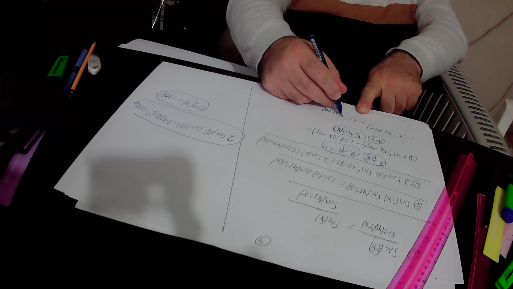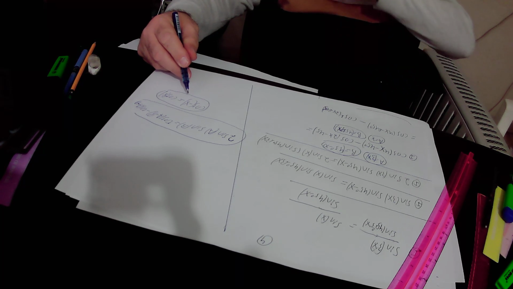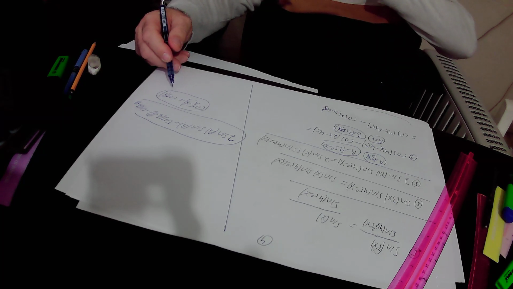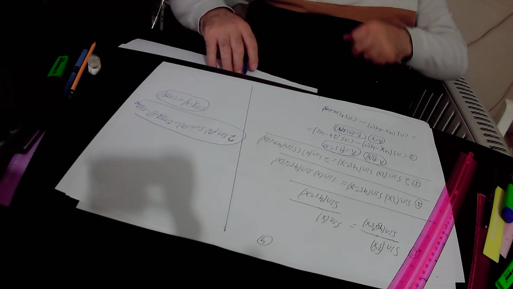We will turn the minus to plus, according to the trigonometric identity that cosine minus x equals cosine x.